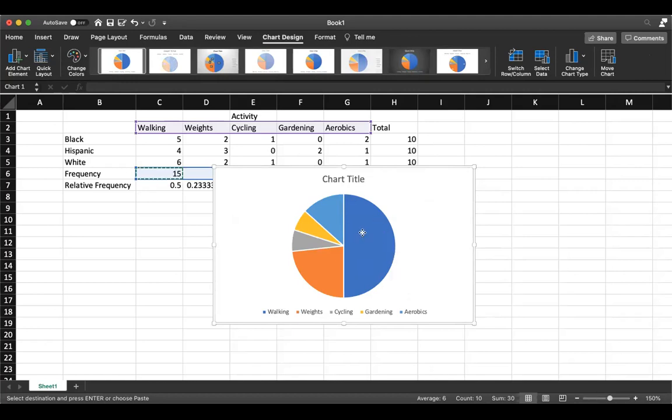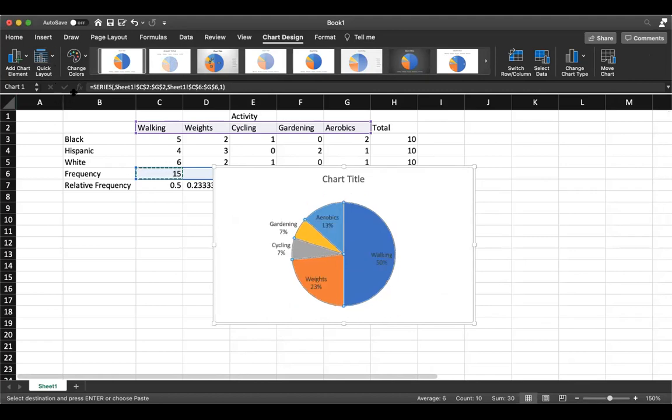If you notice, you can do a bunch of things with these pie charts, by the way. In particular, if you go over to quick layout, there are some things we're going to do later on, but you can add different things. See how they added these for us? They're doing it out of 100%.